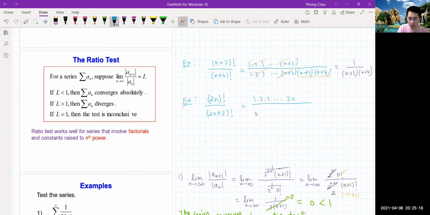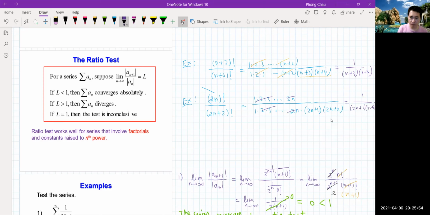The denominator is 1 times 2 times 3 up to 2n plus 2. But what's before 2n plus 2 is 2n plus 1, and what's before 2n plus 1 is 2n. So again, all of them cancel, and we're left with 1 over 2n plus 1 times 2n plus 2.